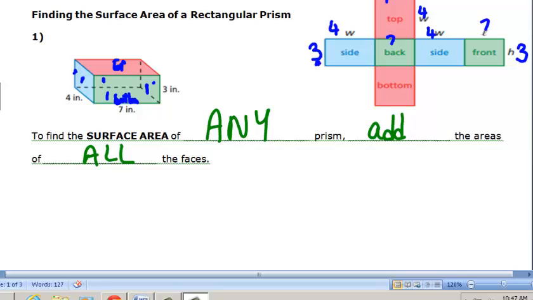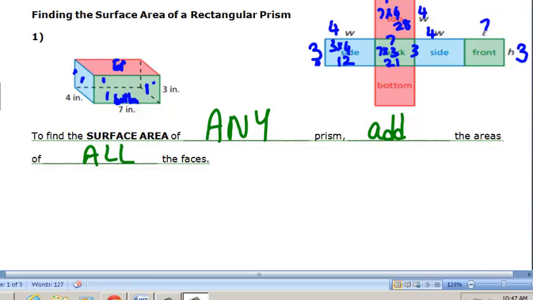Since this is 3, this also is 3. And so let's go ahead and figure this one out. 3 times 4, the area of this side face is 12. 7 times 4, the area of this face is 28. 7 times 3, the area of this face is 21 square units, in this case square inches.